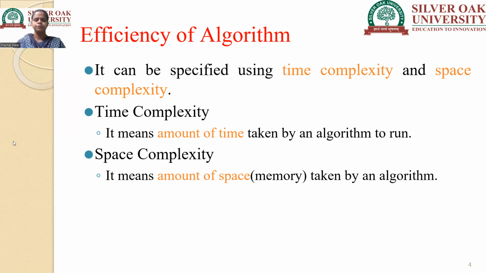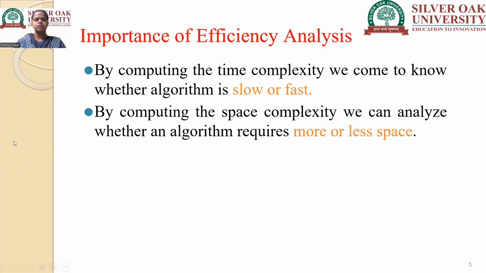So now, let's see the importance of that particular efficiency analysis. By computing the time complexity, we come to know whether the algorithm is slow or fast. As we have seen, time complexity is measured by the time taken to execute that particular algorithm, so according to that we can say that our algorithm is slow or fast.